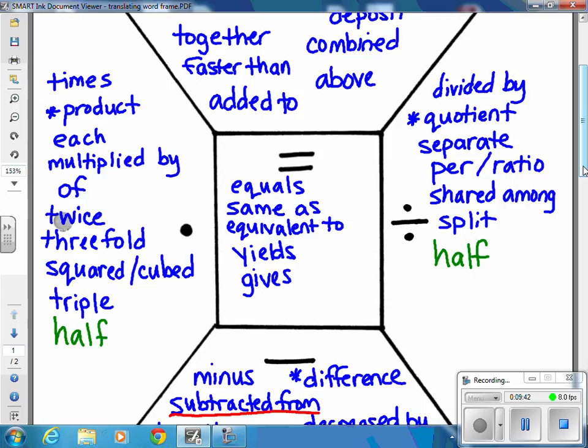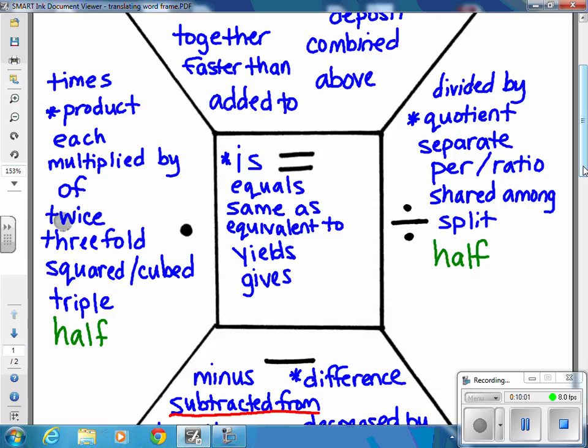Now, there is one word that is extremely short, but it'll always be there for the most part in these statements that we have to translate, and it's the word is. So is your big one for equal sign. That's what they're going to use to help trigger your mind to remember put an equal sign there. All right, so it's short and it's powerful, but that's the big one.